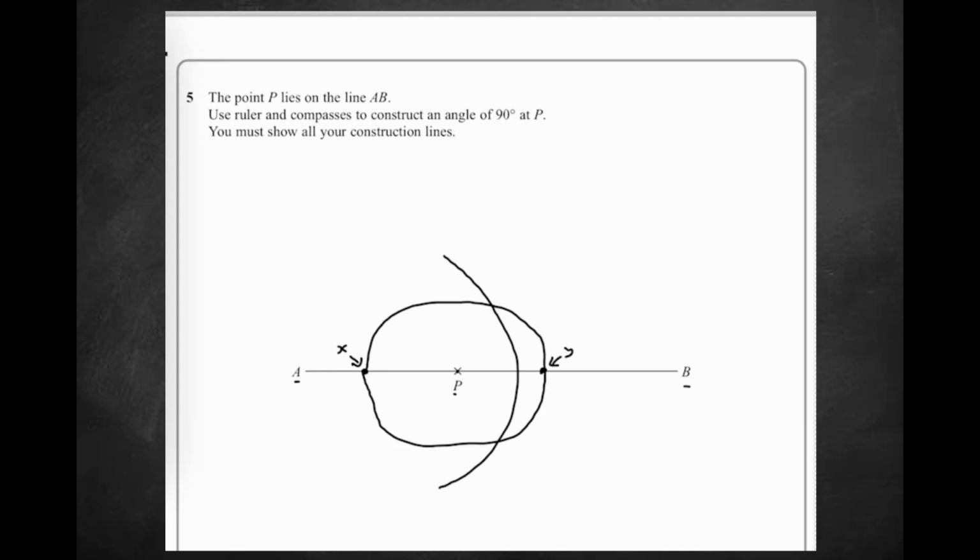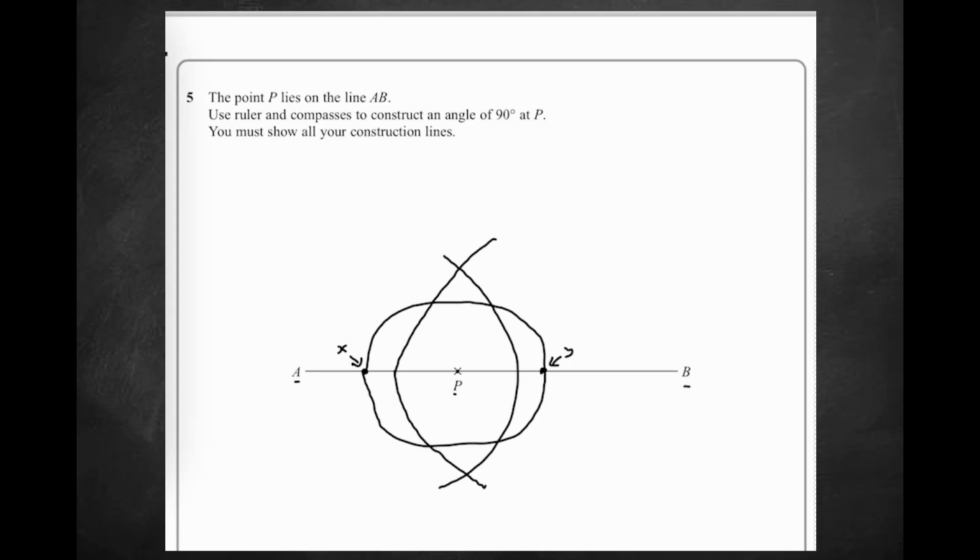And then you would move the compasses and place them on Y without adjusting them. So you draw a similar sector from the other side. A bit like this. Again, apologies, it's not the most accurate, but without a pair of compasses on an iPad, this is the best we can do.